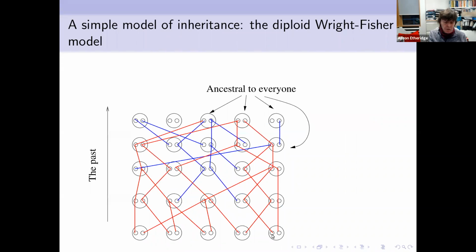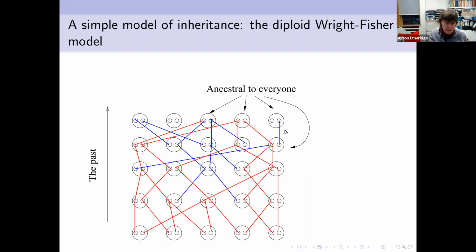And what I didn't tell you before is that the small circles are meant to represent an individual copy of each of the genes. So there are two small circles within each large circle. One will be inherited from each parent, and the choice of the small gene within the parent is, again, uniformly at random. Okay?